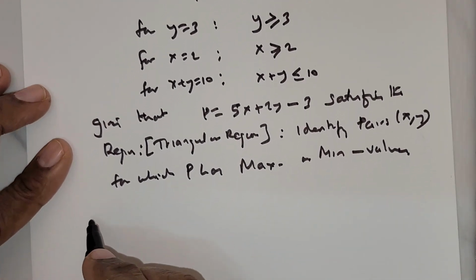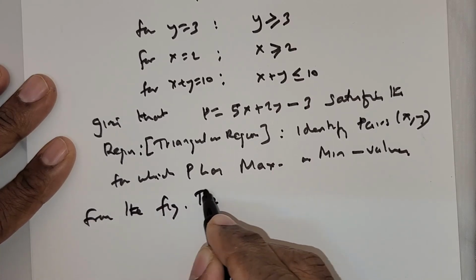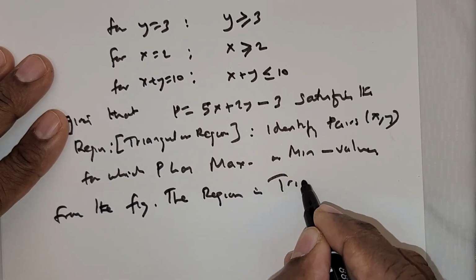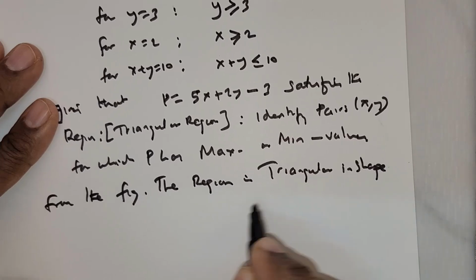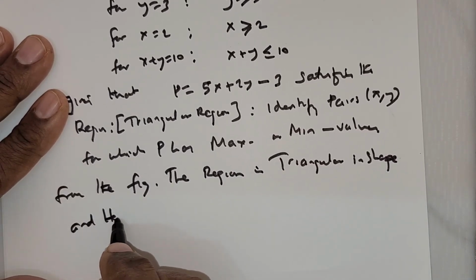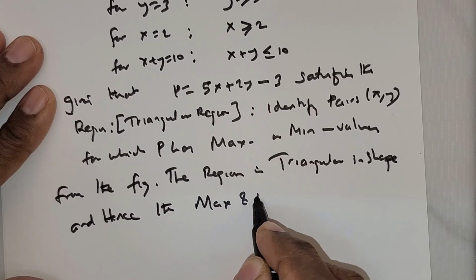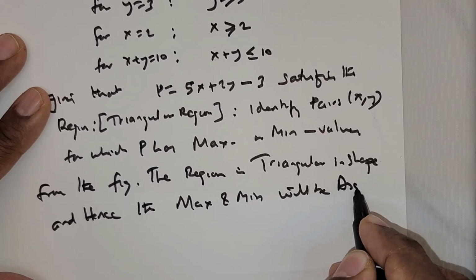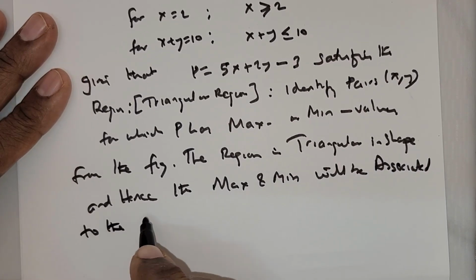So you can state here from the figure, the region is triangular in shape, and hence the max and min will be associated to the vertices.